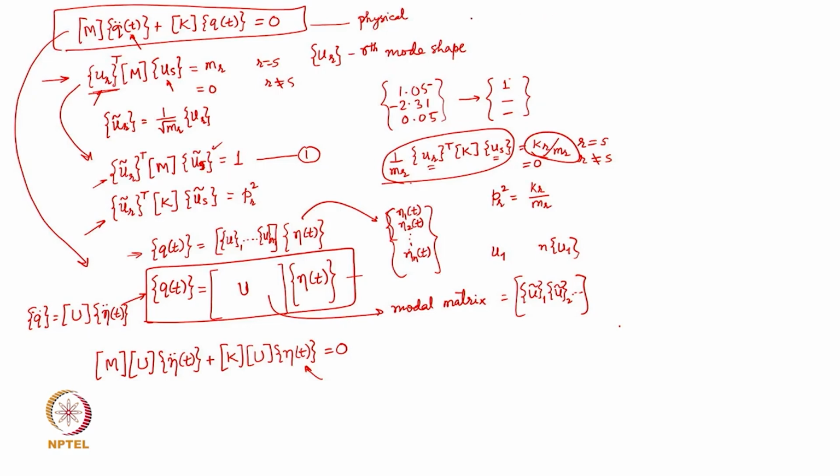When you consider this equation, we know that all these equations are in the form m x1 double dot plus k1 x1 minus k2 x2 and so on equal to 0. There will be another equation in x2 where you will have minus k2 x1 plus (k2 plus k3) into x2 and so on. The point is your governing equations of motion are all coupled equations.